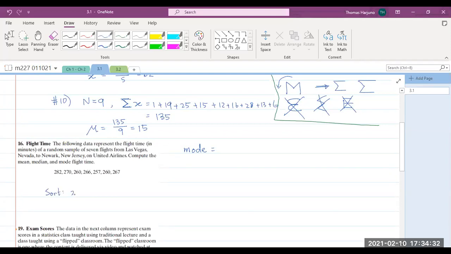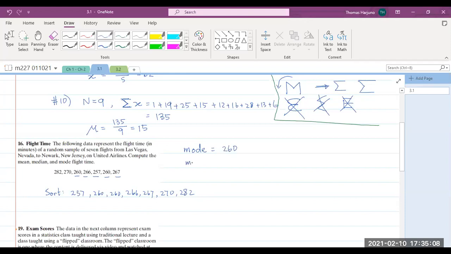The smallest one is 257, and then 260, 260, 266, 267, 270, 282. Now, once they are in order, it's easier to see. The mode is the most frequent data, 260.